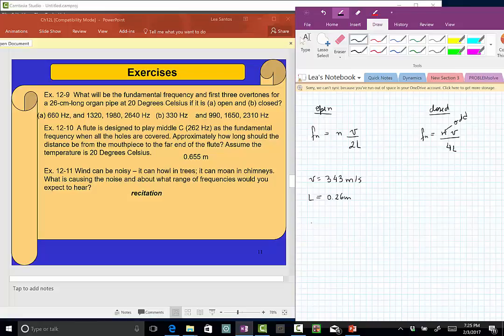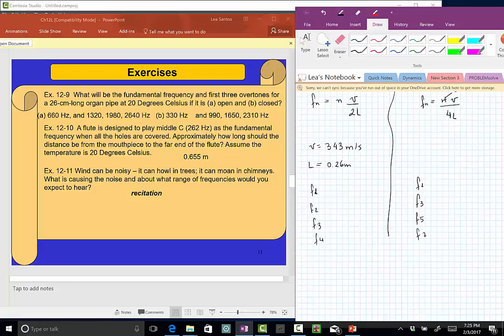In the open case, we'll have the fundamental F1, and then they want the next three overtones, so F2, F3, and F4. In the closed tube case, we'll have the fundamental F1, and then, just careful, we'll have F3, F5, and F7. And that's it. It's not a hard problem.